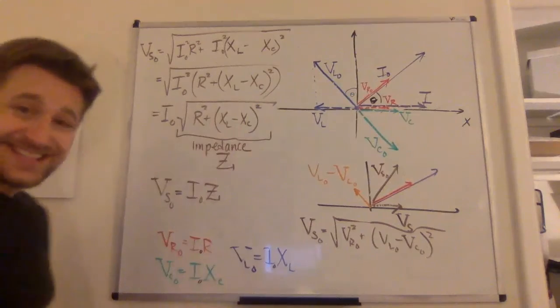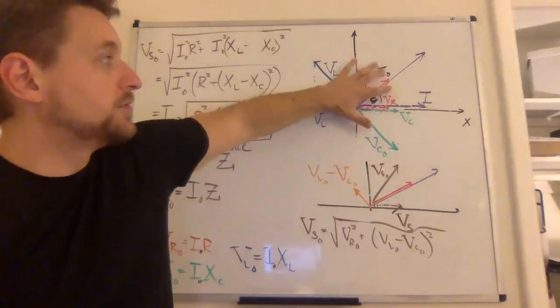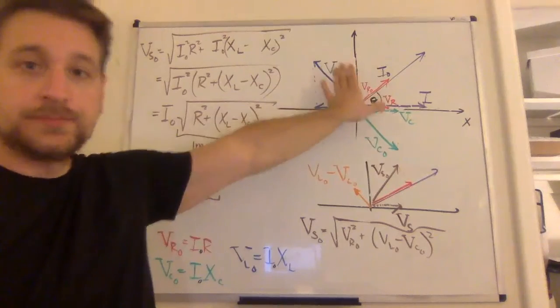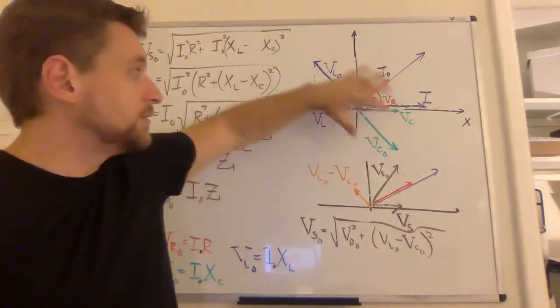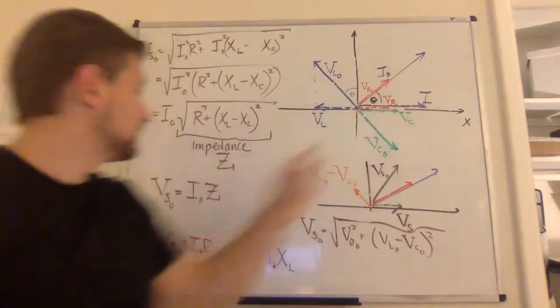These reactances depend on the frequency with which we're turning the diagram. The faster we rotate, the faster I0 alternates. That's omega.